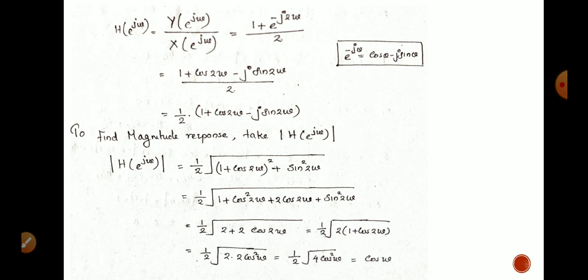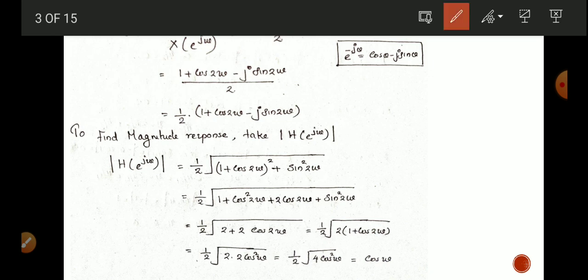The modulus of H of e raised to j omega equal to 1 by 2 into root of 1 plus cos 2 omega whole square plus sin square 2 omega. We know for a complex number a plus jb, the magnitude of a plus jb equal to root of a square plus b square.